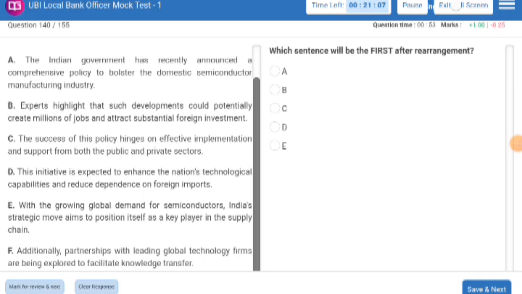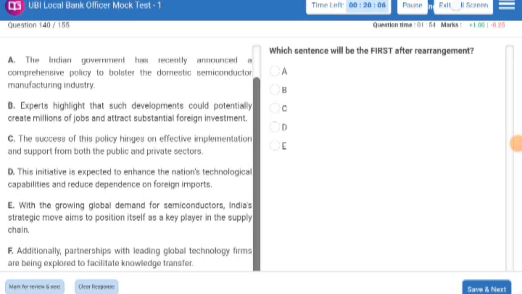The Indian government has recently announced a comprehensive policy to bolster the domestic semiconductor manufacturing industry.